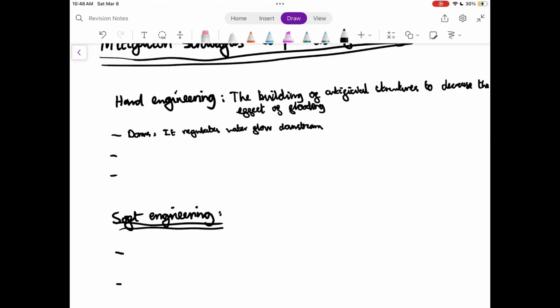So the next hard engineering method are levees. And this is because the water needs to flood to high levels to overcome the levees.